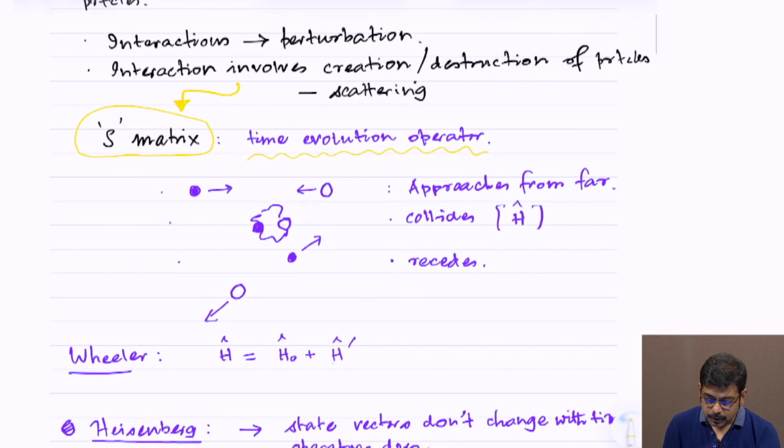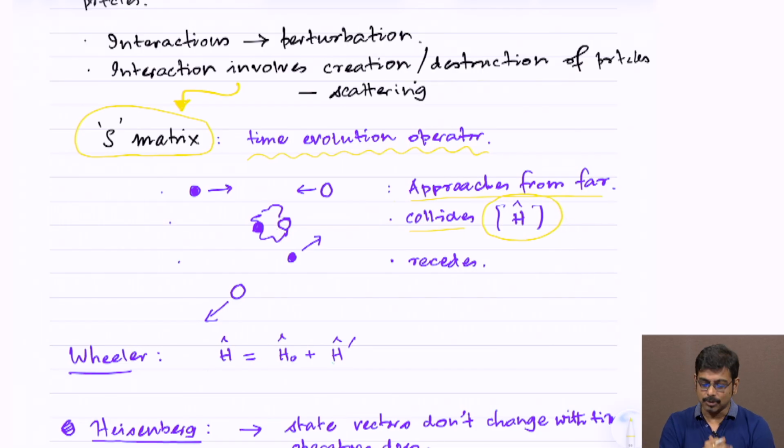Now what kind? Suppose you have two particles colliding, one which I am drawing by this solid blob and the other by this transparent blob, which approach from far and then eventually collide at this place, and this is governed by the interaction Hamiltonian, otherwise the interaction will not happen, right.